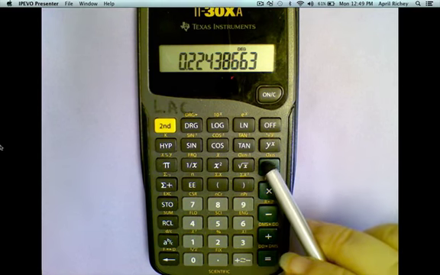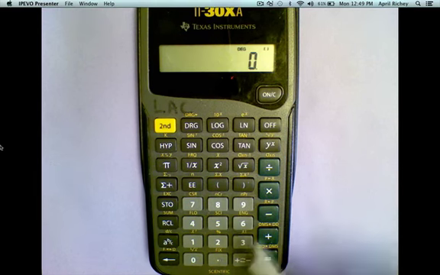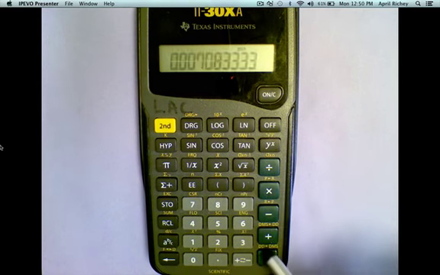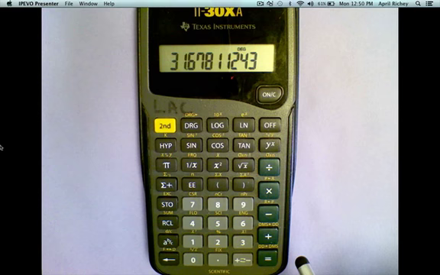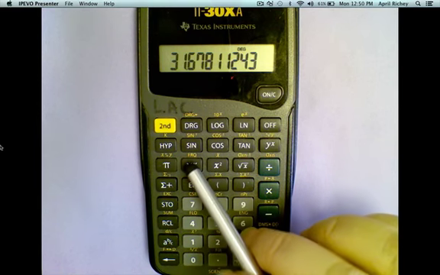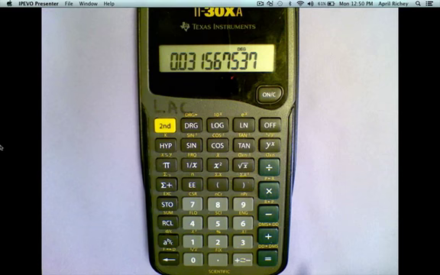Now I need to divide that by, open a parenthesis, 0.085 divided by 12, and close your parenthesis, and press equals. And that gives me 31.678. Now I need to raise that to the negative 1 power, so I'm going to use my reciprocal key, and that gives me 0.0315.